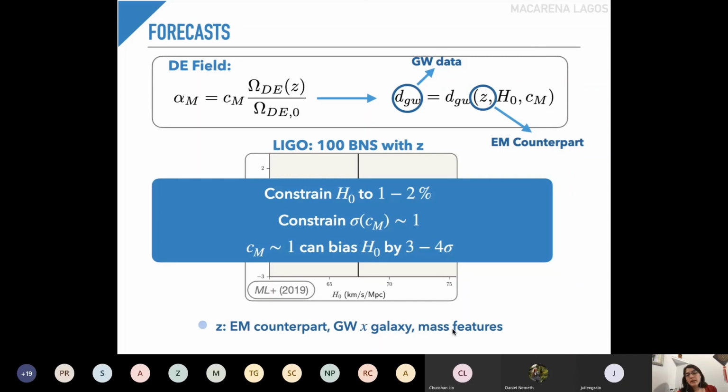Now, other methods proposed and studied in the literature correspond to what if the population of your sources had certain features in the mass distribution. So the importance of this is that the redshift is degenerate with the mass of the binary system. So that's why you have no information about the redshift, because you have no a priori information about the mass.